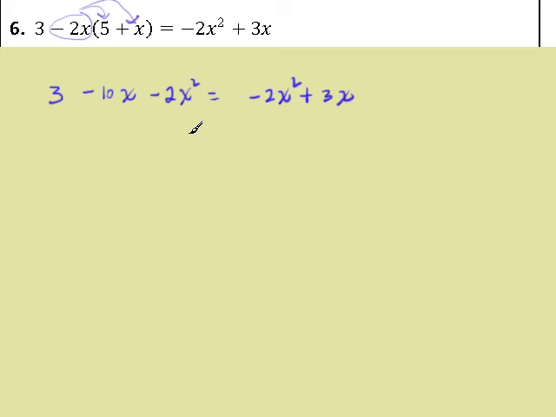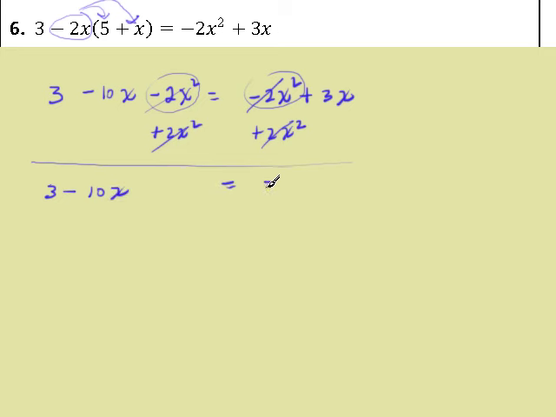So now we see after opening parentheses that we have this minus 2x squared on both sides. So basically we can just cross those off. All right, or more formally, if we add 2x squared to both sides, they will basically cancel, and we have 3 minus 10x is equal to 3x.